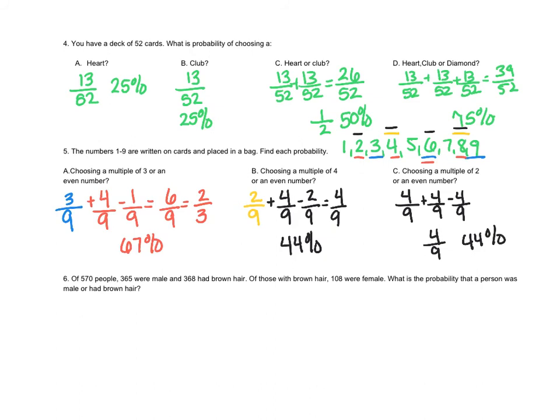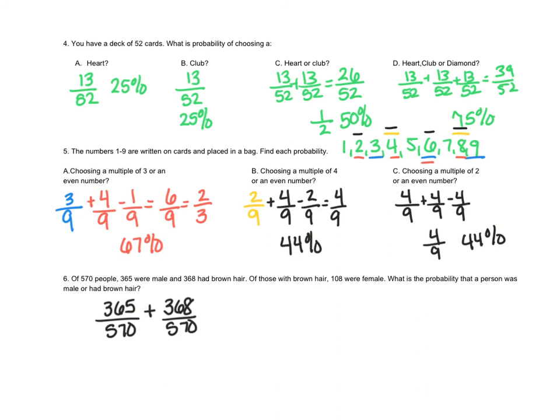Okay. Of 570 people, 365 were male, 368 had brown hair. Of those with brown hair, 108 were female. What is the probability that a person was male or had brown hair? So the probability of male is 365 over 570 plus brown hair, 368 over 570. Now we have to subtract the double ups.